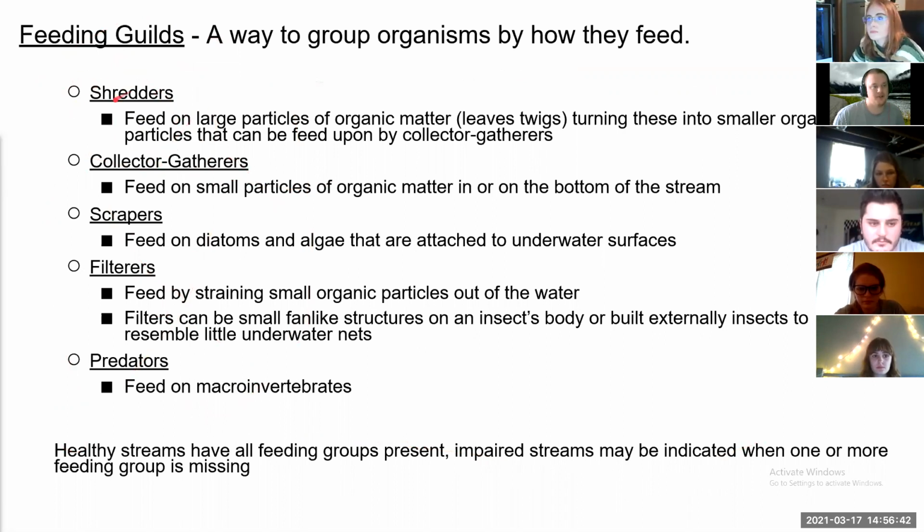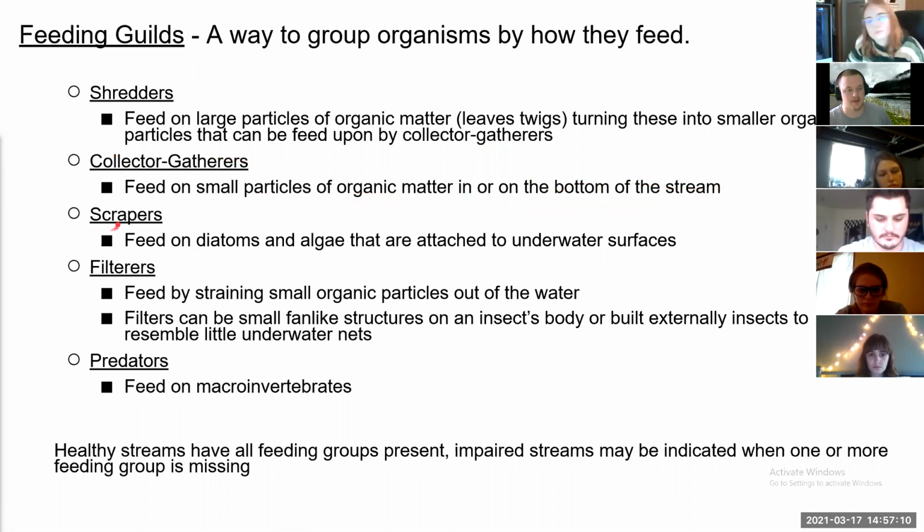But you have first your shredders, which feed on large organic matter, so leaves and twigs, and they turn them into smaller organic particles, which will be fed on by your collector gatherers. So these are your organisms. They're going to break it down even further, and they'll find that on the bottom of the stream generally.